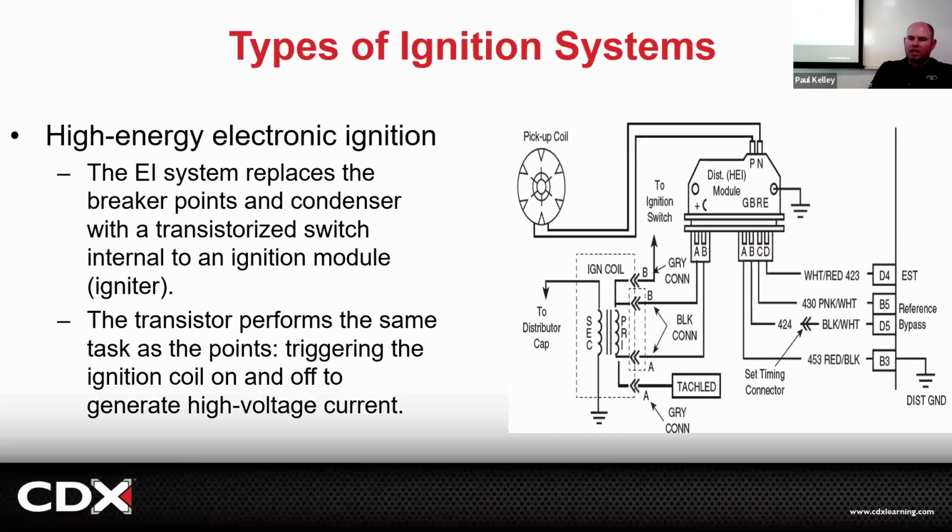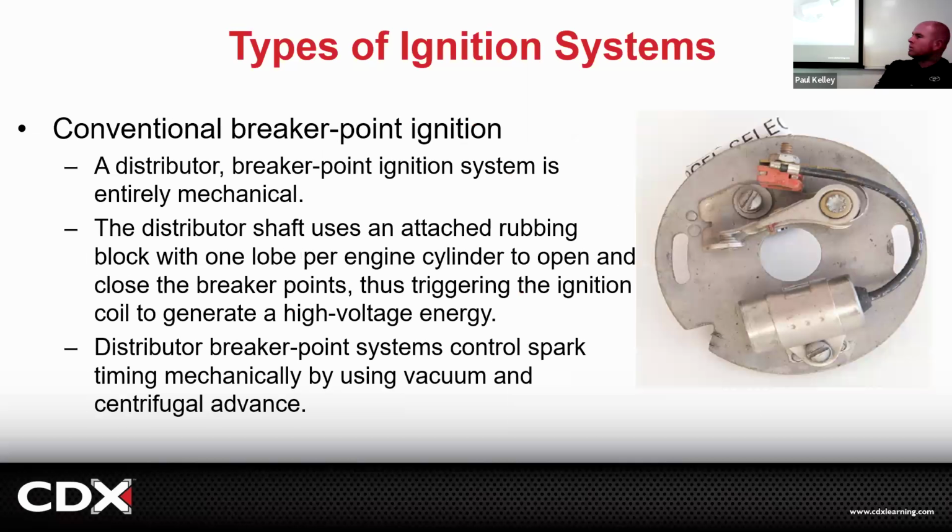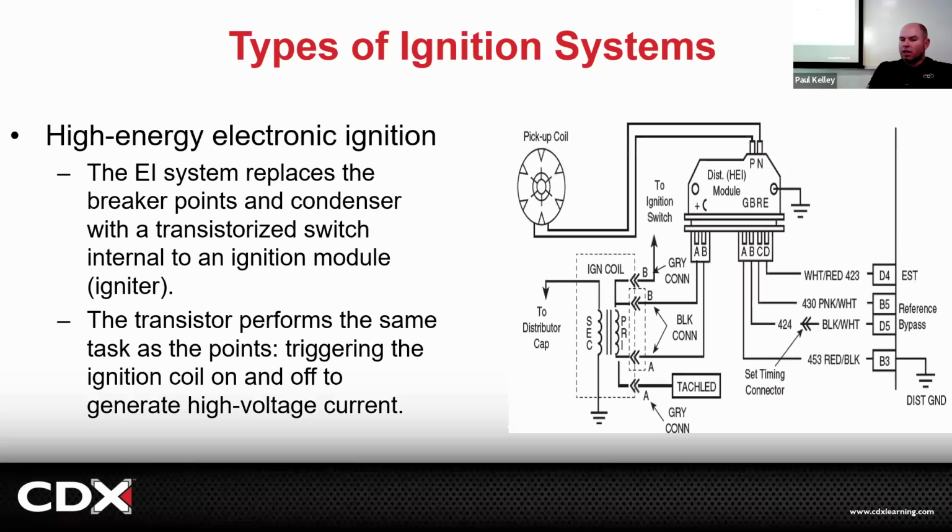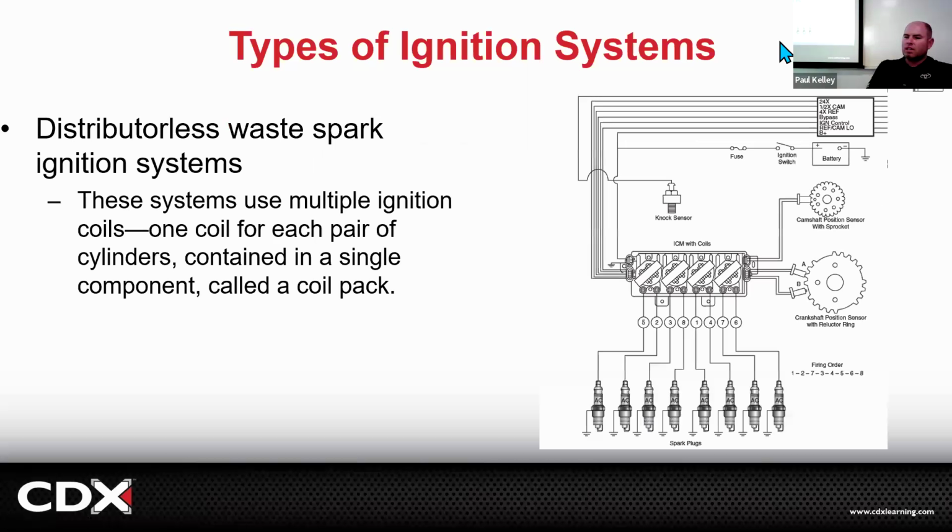So if we were to go back right here, when it was this, we had no way to advance or retard this. You just sparked it whenever it was set. Then they got into vacuum advance, which would physically pull the distributor over and advance it, but it wasn't real precise. Then we got into electronic advance, and this ignition control module could do some level of advancing, but this sucker right here can advance and retard the timing in a longer and a broader range, and can also do it very quickly.